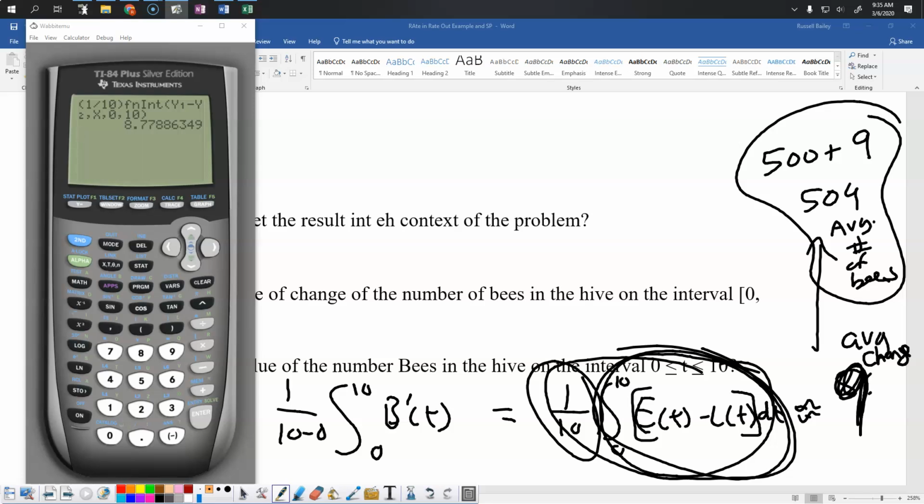It's asking for the average value of the number of bees in the hive, and I think that the initial value affects that. We're talking about hundreds of bees here, right? I would have a problem saying the average number of bees has been 9, right? So something's not right, and the reason is that's the average net change.